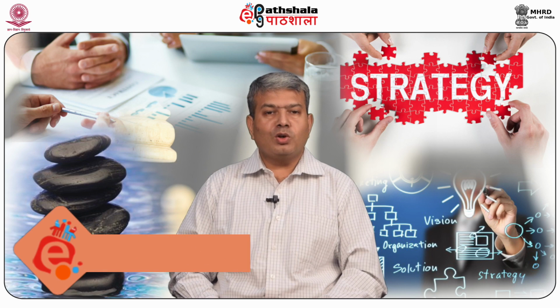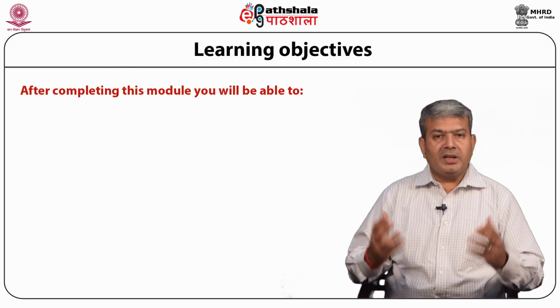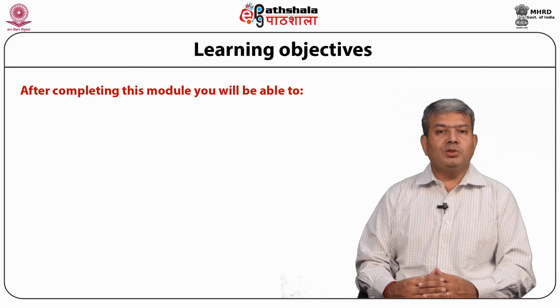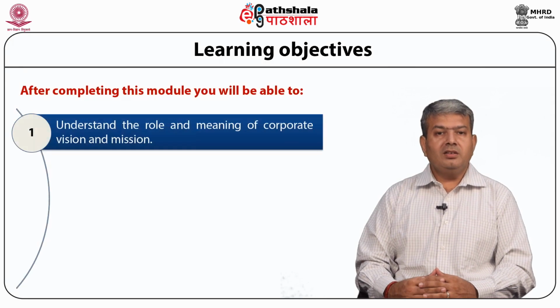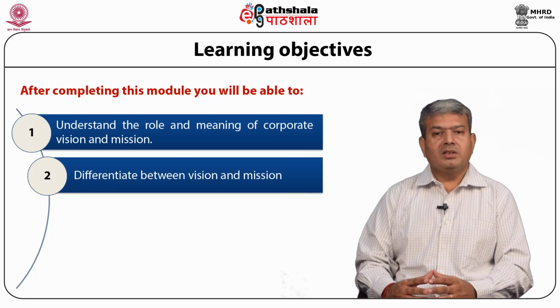Today we are going to talk on the module Corporate Vision, Mission and Objectives from the paper Strategic Management. After completing this module, you will be able to understand the role and meaning of corporate vision and mission. You'll be able to differentiate between these two terms, that is vision and mission.